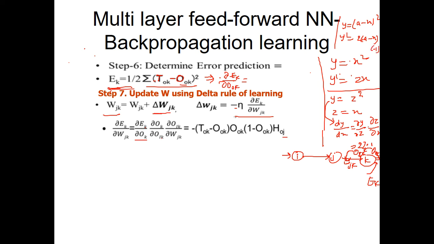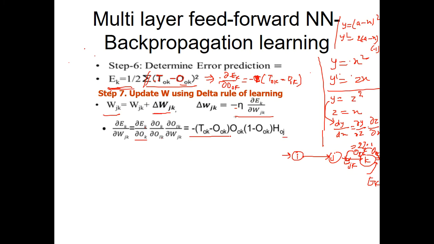So you will get the same thing here, minus of 2. The 2 will be cancelled by 1 by 2 here. If there is only one node at the output layer, then even if a summation term is there, the summation will be removed. It will simply be TOK minus OOK.